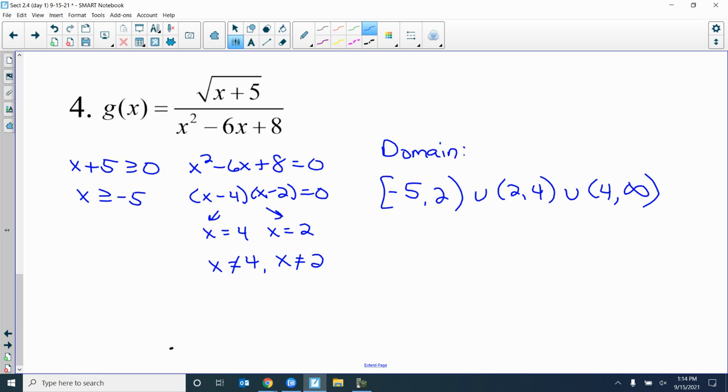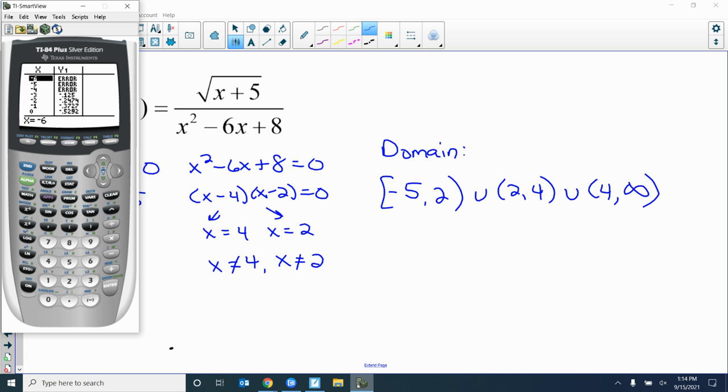Okay, so if you graph that one, let's just do that one real quick. Y equals square root of x plus 5 divided by x squared minus 6x plus 8.